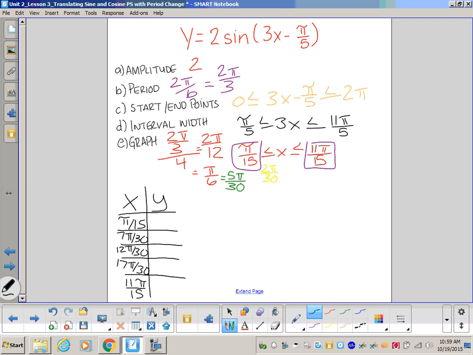Maybe I'll just make this one the test. Pi over 15 is 7 pi over 30, right, because this is the same as 2 pi over 30.